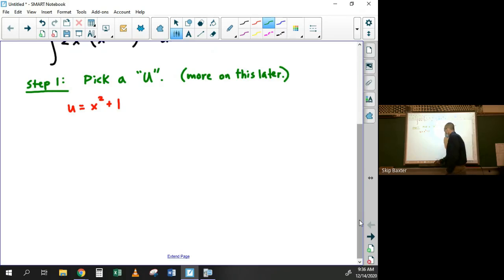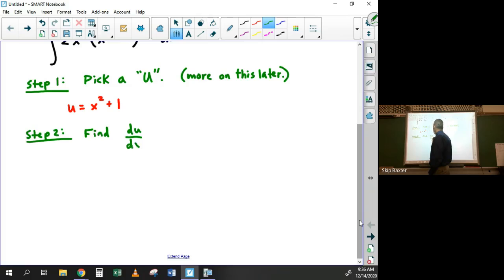Pick a u. The second step, step 2, is to find du/dx, which is just simply the derivative of u. Now this might seem weird. We're doing integration, but in order to do integration, one of the steps is to find a derivative.